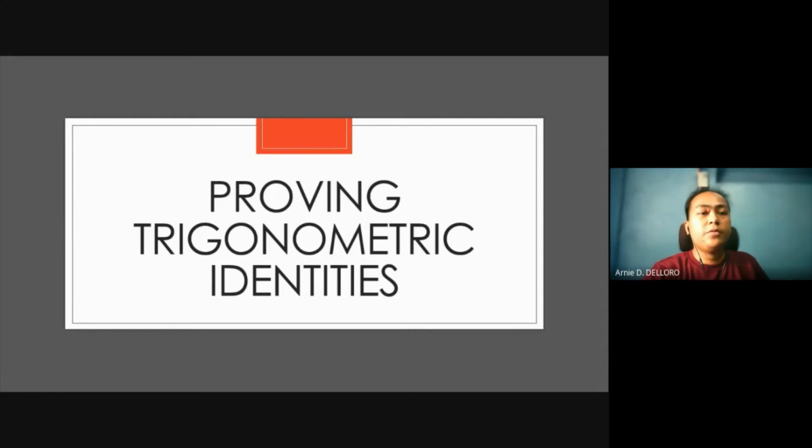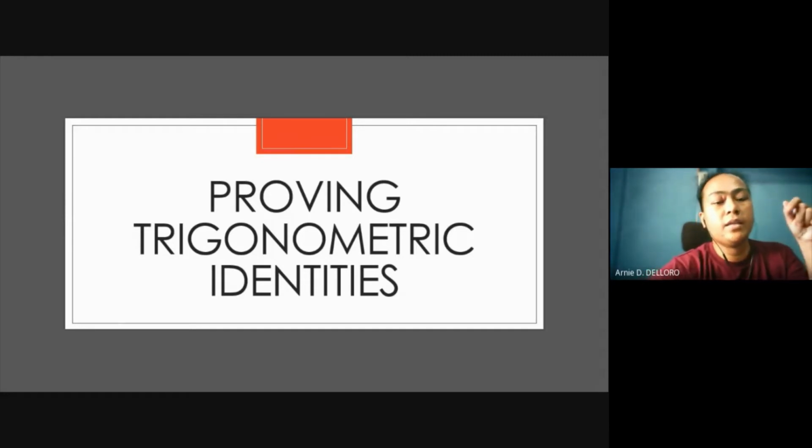So, to prove trigonometric identities, we have to show that the left side of the equation is equal to the right side of the equation. So, dapat equal silang dalawa.